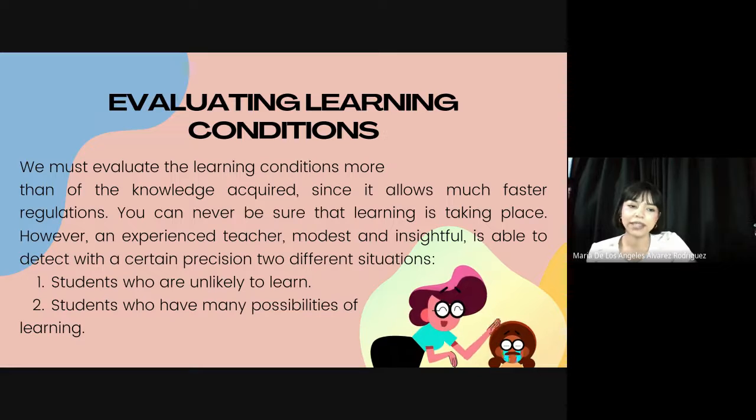On the other hand, students who, on the contrary, have many possibilities to learn because they get involved, they are interested, they express themselves, they participate in the task, they cooperate, they seem to have fun, they don't give up at the first excuse, and they ask questions.